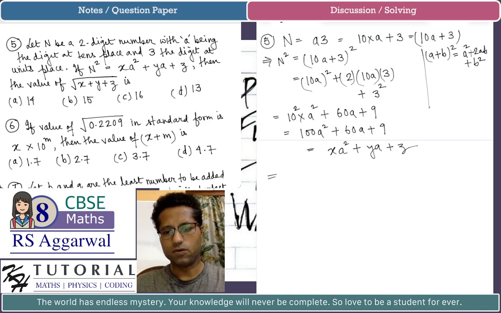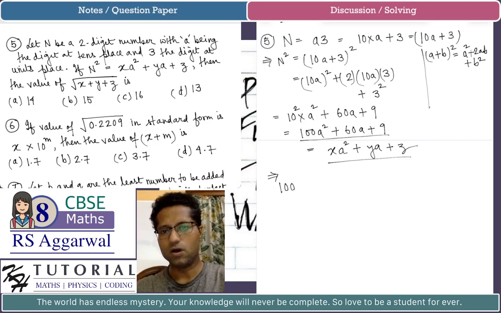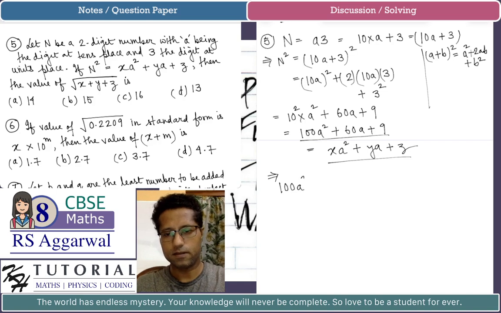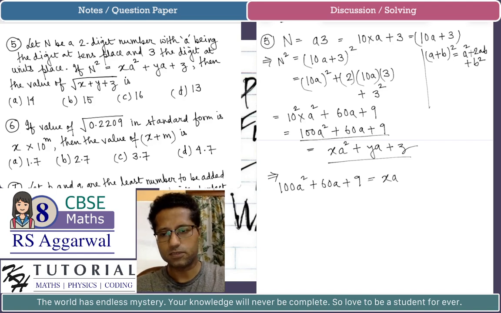If you compare our result for n square and the given n square, we can say that 100a square plus 60a plus 9 should be equal to x a square plus y a plus z.